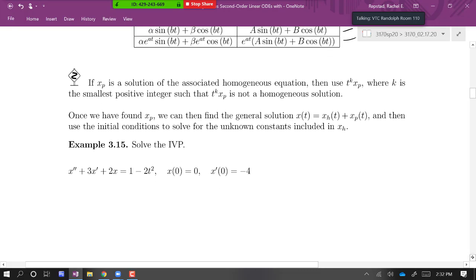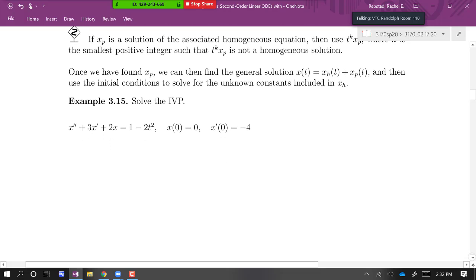So to find the particular solution, the first thing we do is solve the homogeneous solution. What equation do we solve to help us figure out the homogeneous solution? What is it that we have to look at?